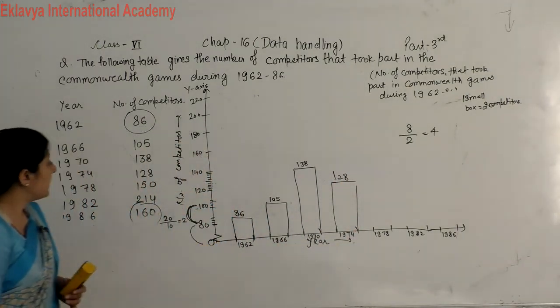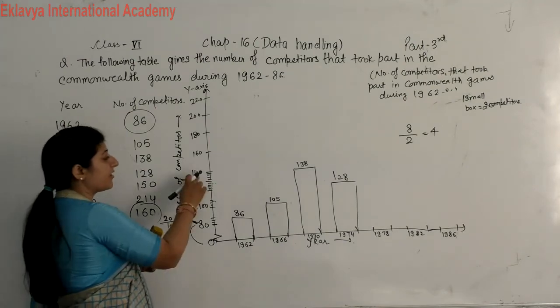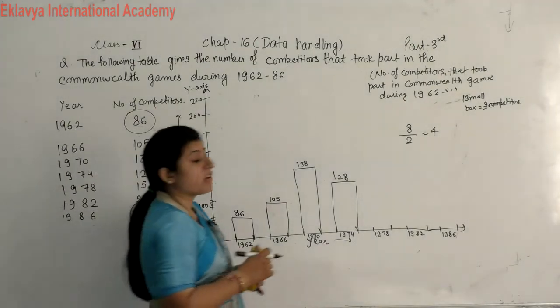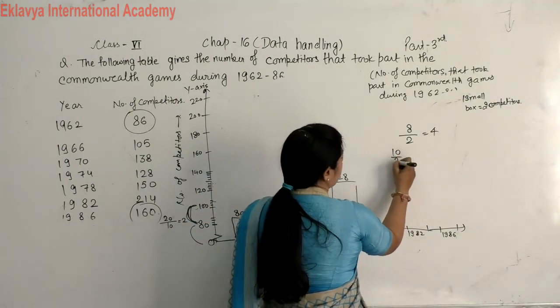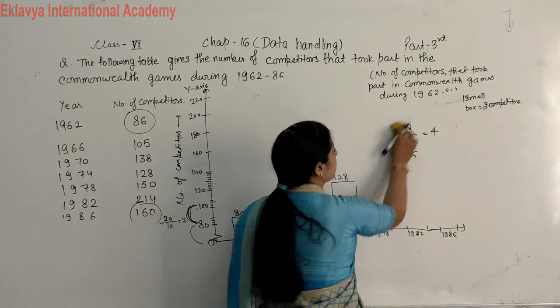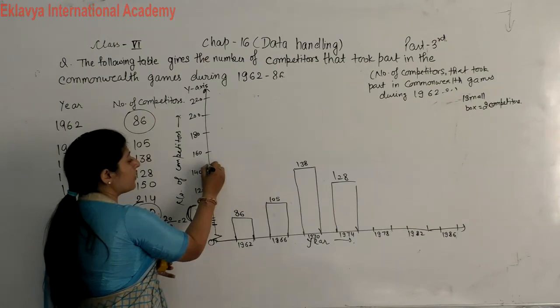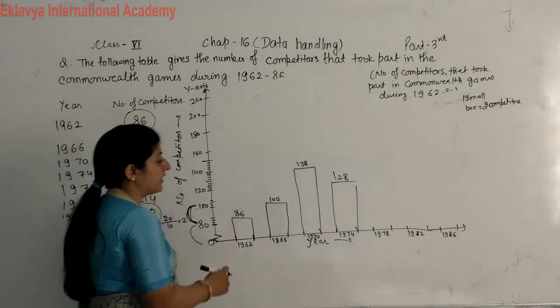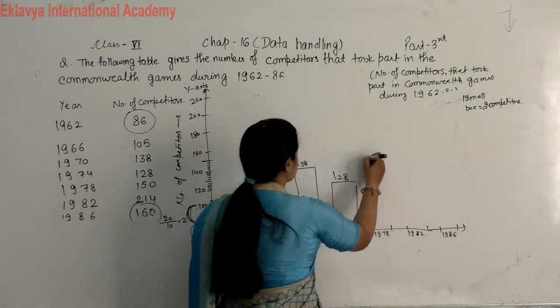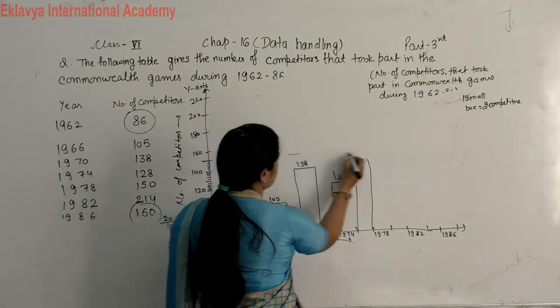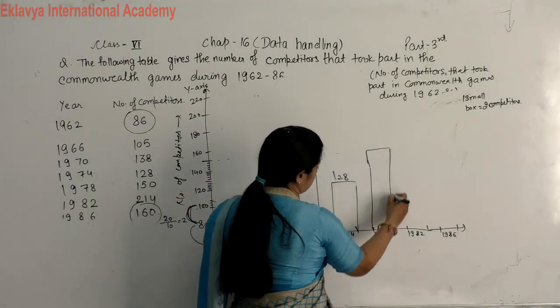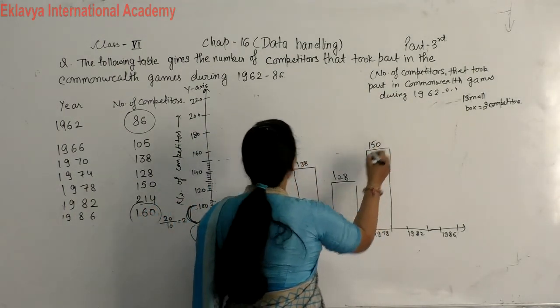So this one is 128. Next is 150. Between 140 and 160, 150 is 10 above 140, and 10 divided by 2 is 5. It means we need 5 more parts after 140: 1, 2, 3, 4, 5. So we will draw like this, 150.